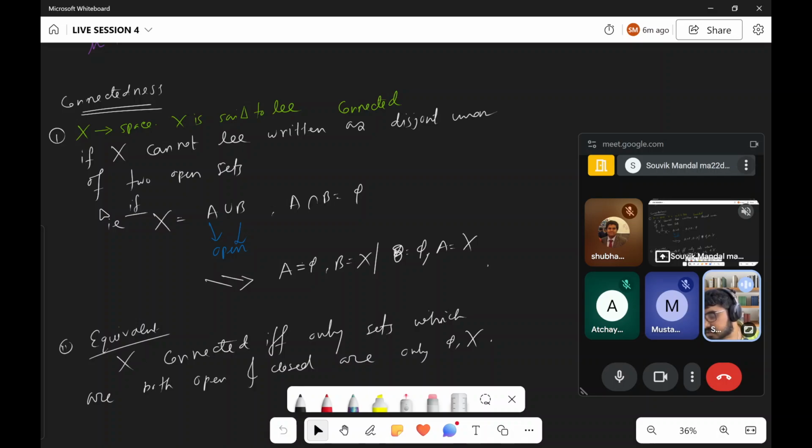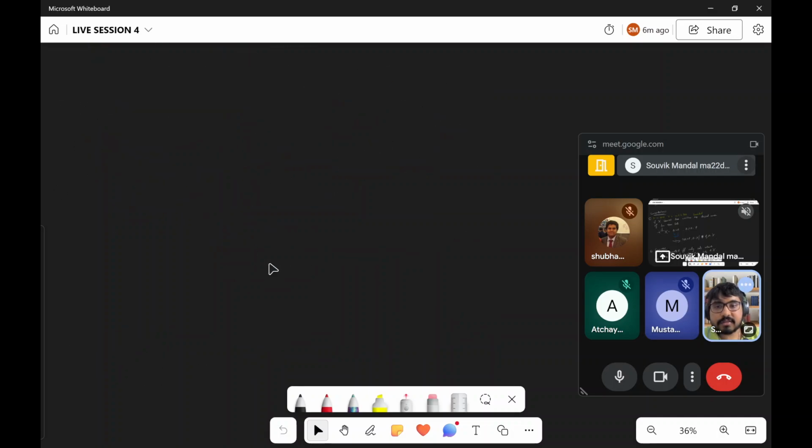So that is one thing. And there is a definition called separation. The definition may look abstract, but let's go forward. Soon we will see some examples. So the next definition is called separation.